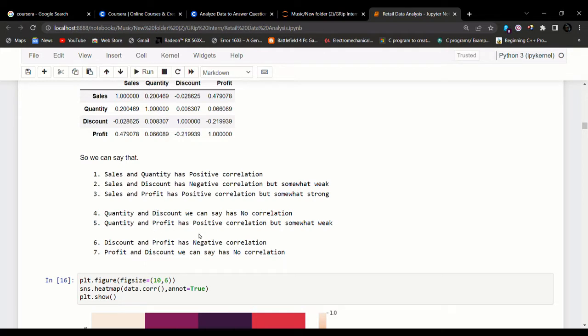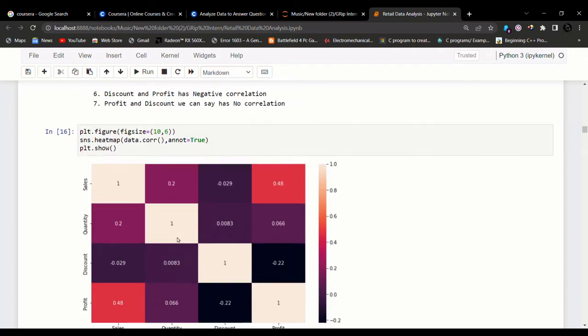Quantity and profit have correlation, but somewhat weak. And discount and profit have negative correlation.